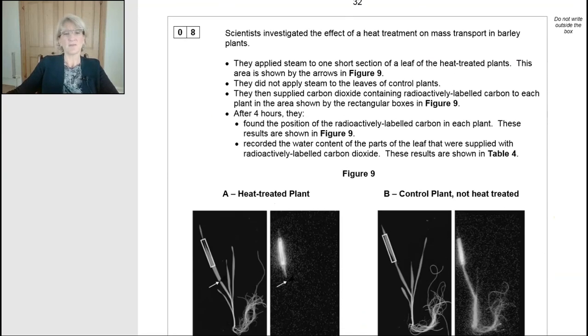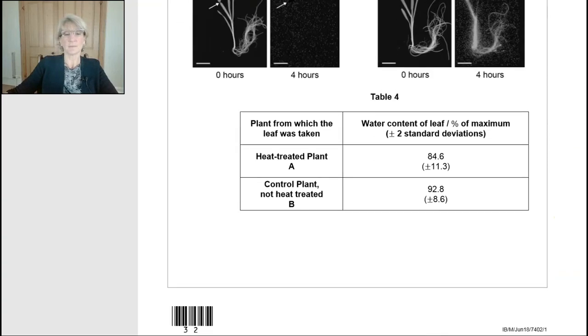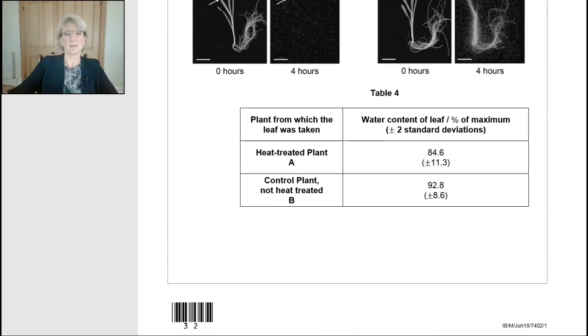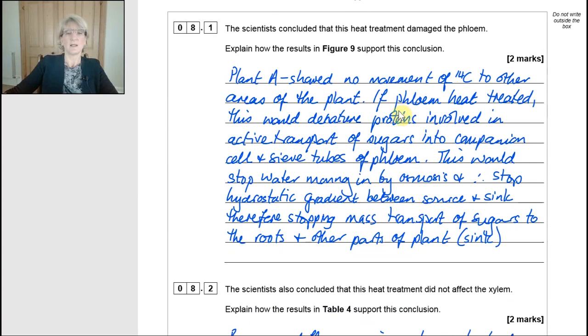Okay, so we have this question here. This data. And they concluded the heat treatment damaged the phloem. So explain how the results support this conclusion, that heat treatment damaged the phloem.